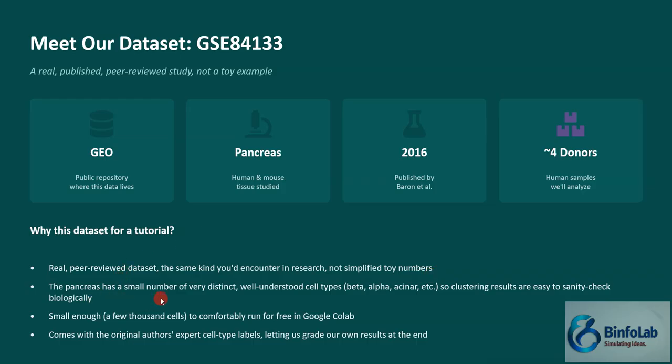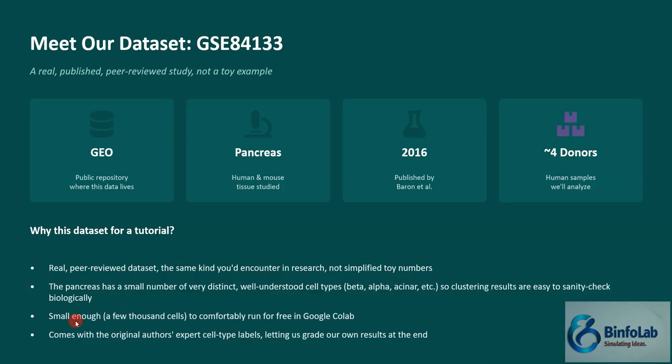The second reason is that the pancreas has a small number of very distinct but well understood cell types, let's say beta, alpha, and so on. As a result, we will have good chances of clustering that can be easily related to biological relevance.